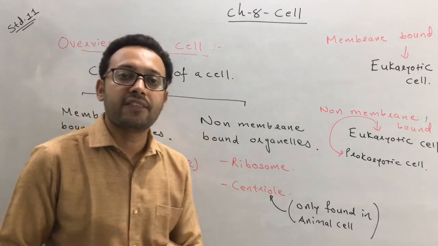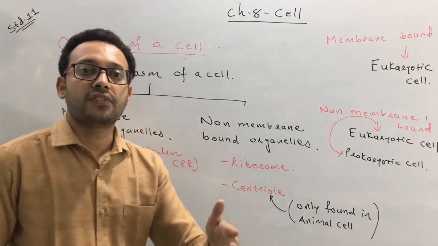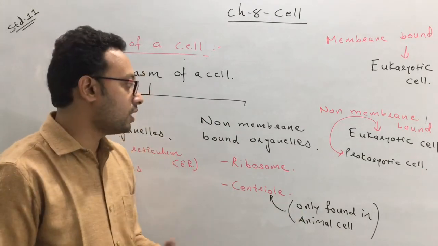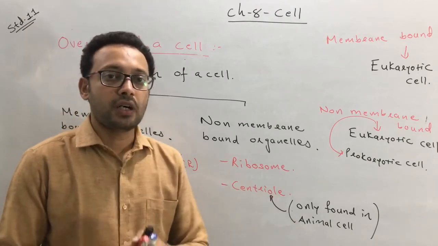The chloroplast is only found in plant cells. It is not found in animal or bacterial cells. So these are the non-membrane bound organelles.